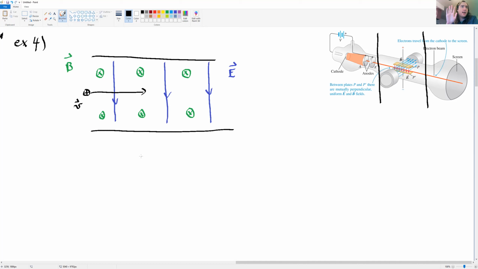Everybody take out your right hands. Put your fingers in the direction of the velocity. Curl them in the direction of the magnetic field. And tell me the direction of the magnetic force. You can use the right hand rule to do that.